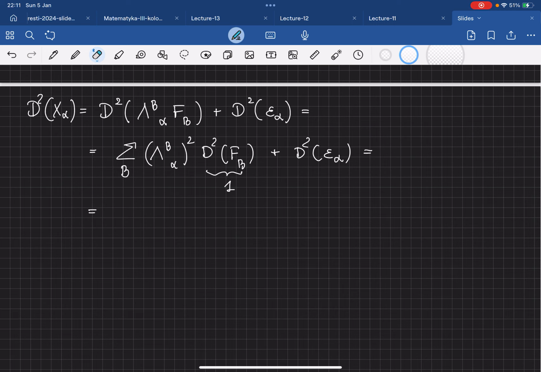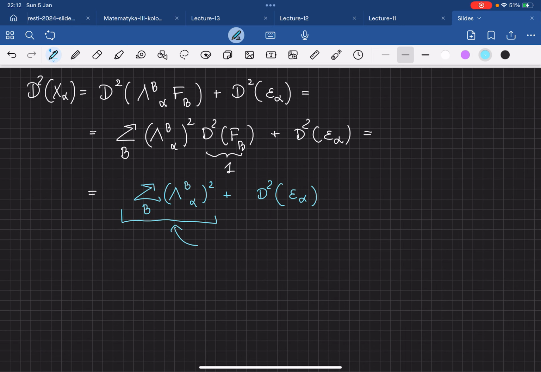The variance of each test result is composed of the sum of squared matrix elements of the matrix lambda and the variance of the error. And this first part is called the commonality for x_alpha. And we assume this commonality to be rather big.